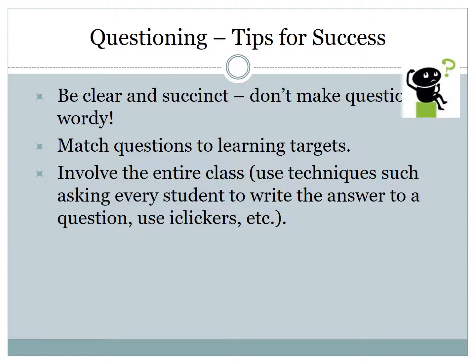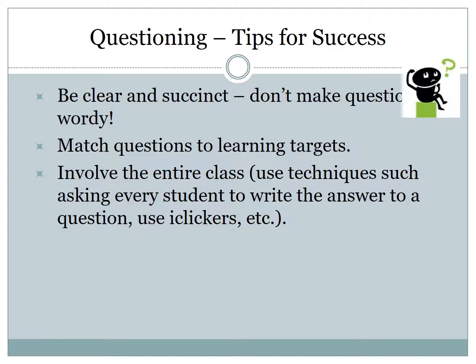I find that it's very effective to do things such as some of you may use iClickers, devices that encourage the entire class to respond, but you don't have to invest in technology to get the same level of engagement. You can use a technique where you ask students to hold fingers in the air.